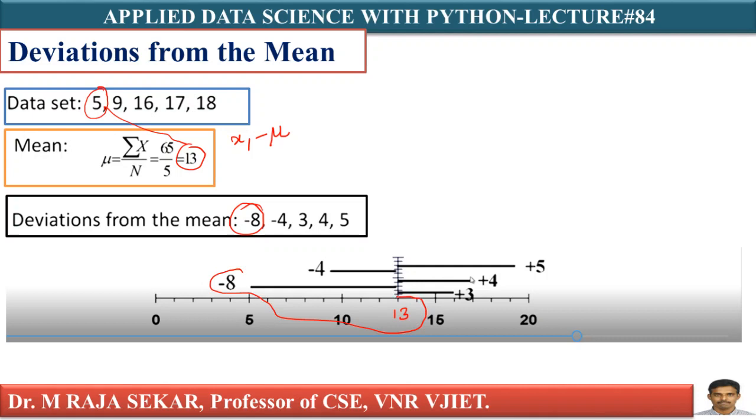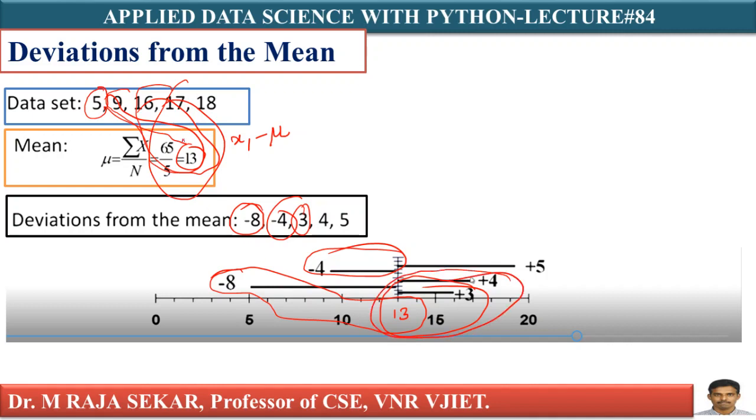In similar manner, x2 means 9 minus 13, that is minus 4. 16 minus 13 is 3. 17 minus 13 is 4. 18 minus 13 is plus 5.